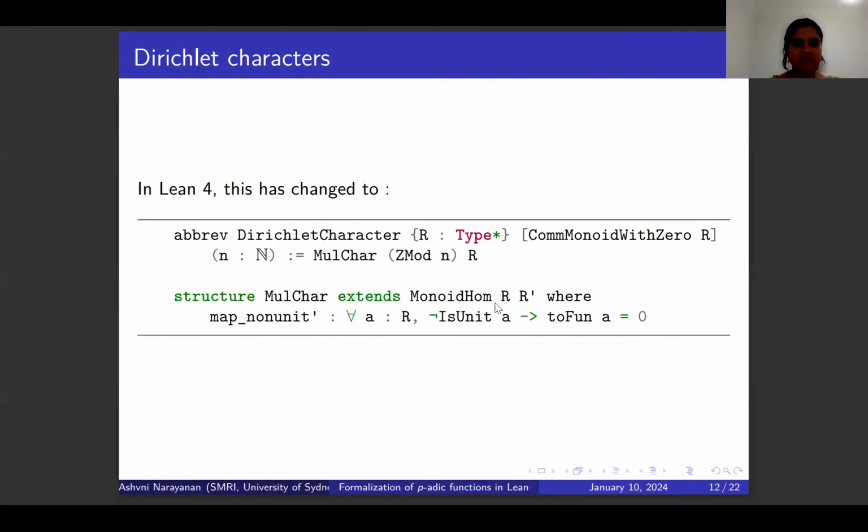And in Lean 4, this is what the current definition is. So the change over here is that instead of looking at it as a monoid homomorphism from the units of Z mod NZ to the units of R, we look at it as a monoid homomorphism from Z mod NZ to R, which is 0 on the non-units.